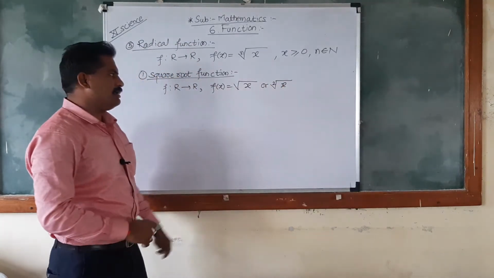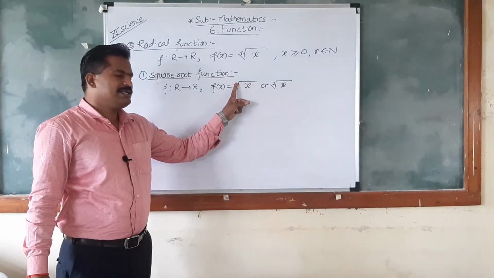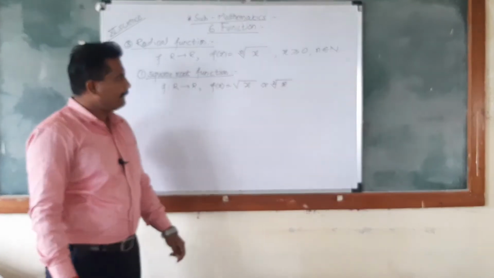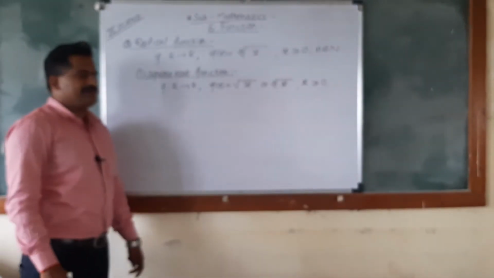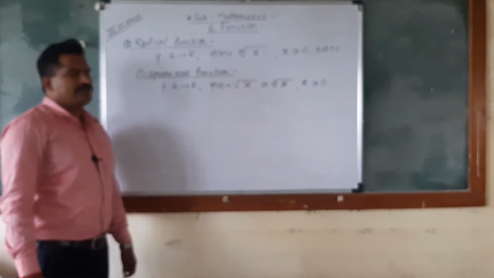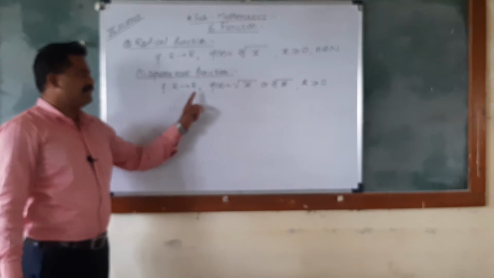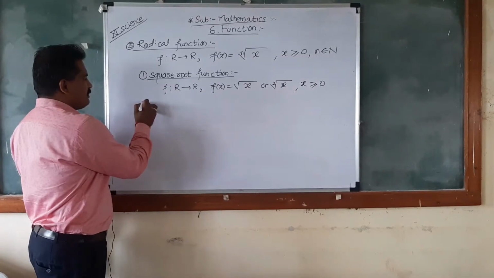Generally, if any root is given without index, it is a square root. Here x is greater than or equal to 0. Therefore, a function containing the square root of x is a square root function.